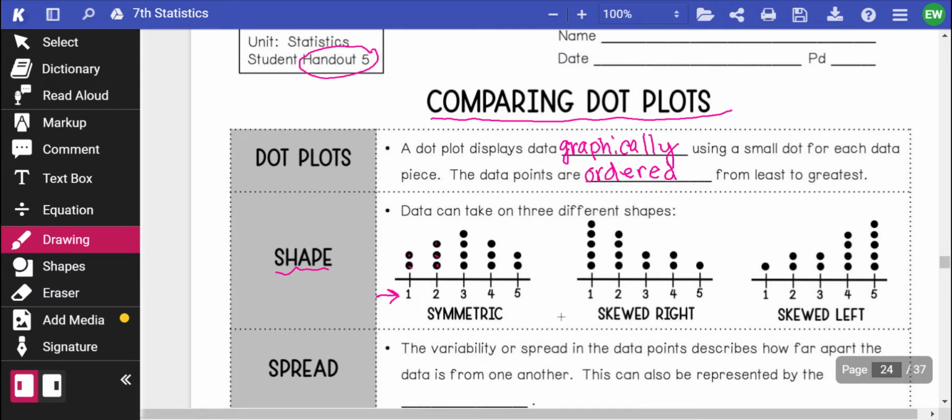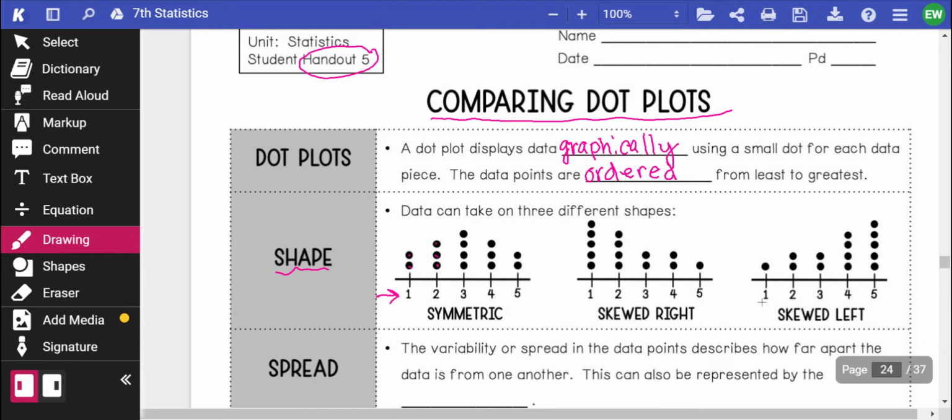When we talk about these, we have different shapes. Symmetric means it looks balanced, right? Skewed right, most of the data is going to be on the left side. So it's kind of counterintuitive, right? But when we are looking at skewed right, the data is at the lower data points.